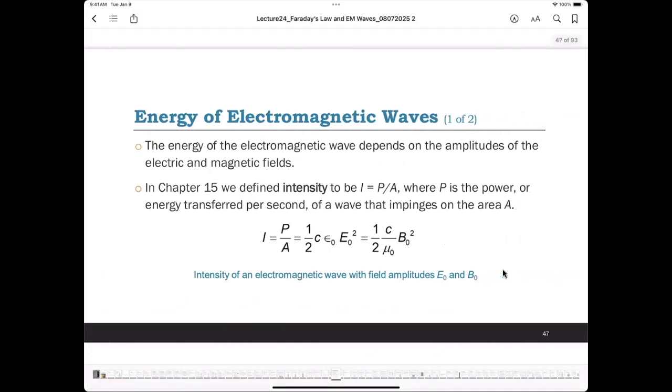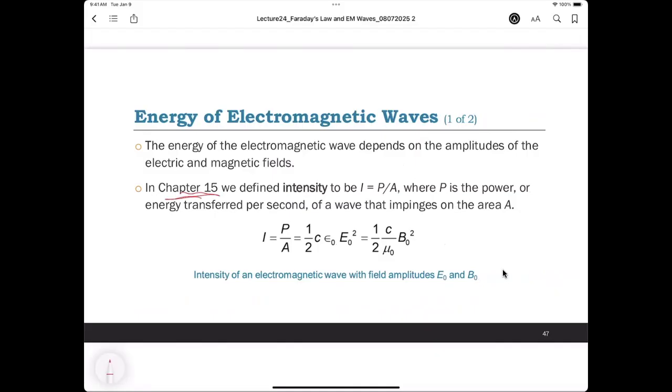Okay. Let's talk about the energy of electromagnetic waves. The energy of an electromagnetic wave depends on the amplitudes of the electric and magnetic fields. This you should have learned in college physics 1.